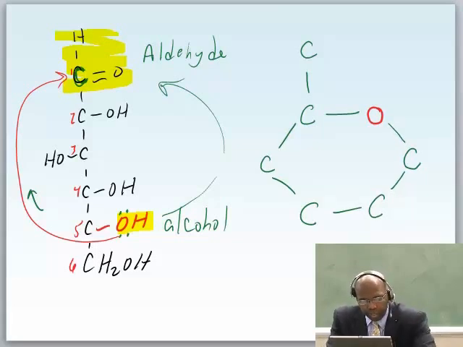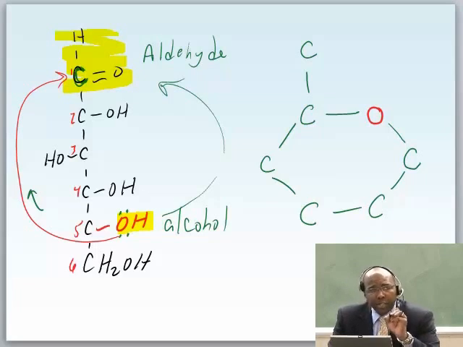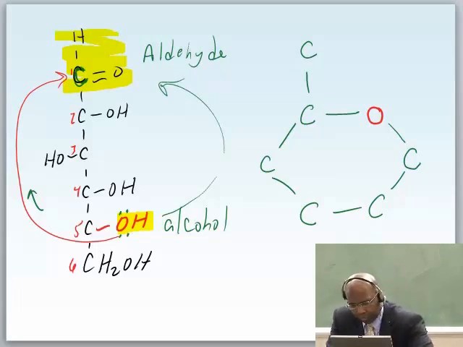And so carbon 1 is not going to be an aldehyde anymore. We're going to convert carbon 1 into what? A hemiacetal. And so this is an OR here. Well, let me just go ahead and draw everything first. So we're going to have an H here, and then an OH.